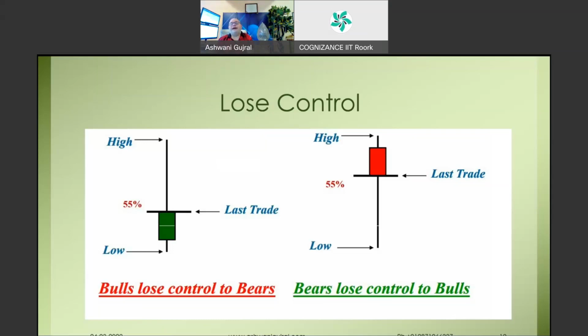But this should be done with confirmation. Confirmation means the breaking of the low on the bullish bar and the breaking of the high of the bearish bar before you act on this sort of information. So this gives you a basic idea of what these bars depict.